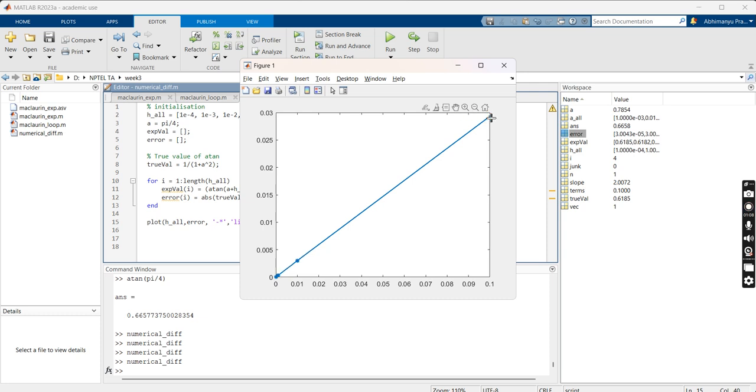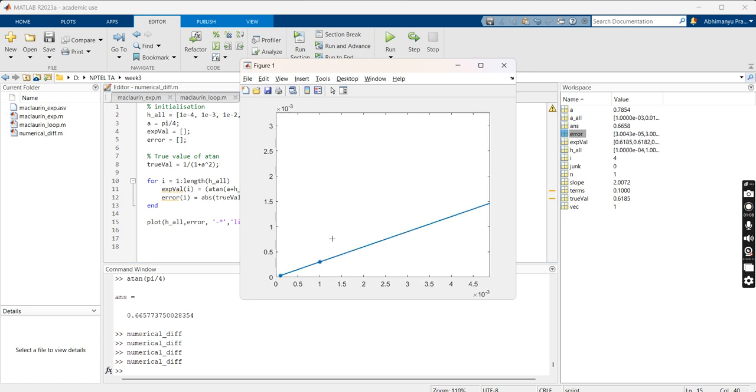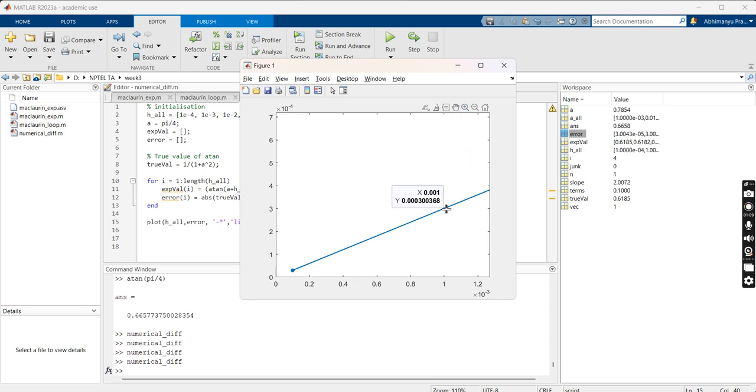The more I decrease my h, for 0.1 my error is 0.0293, and for 0.01 my error decreases further. For 0.001 my error is even less, so the more I decrease my h value, the closer I get to the true value.